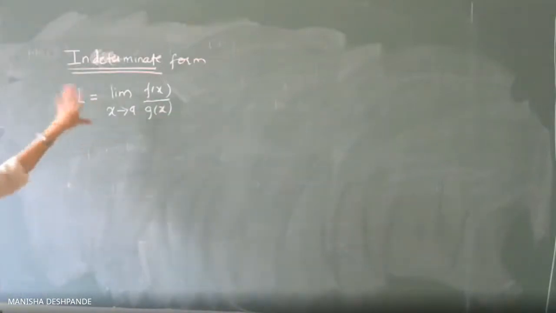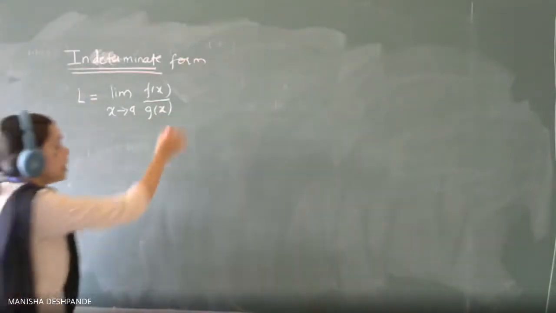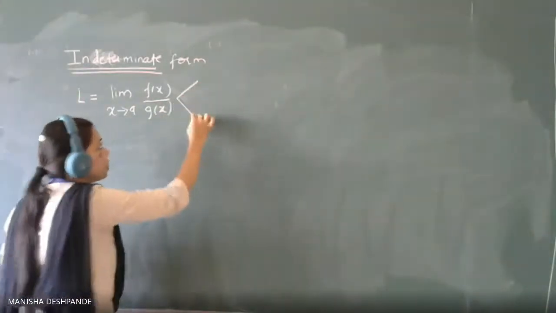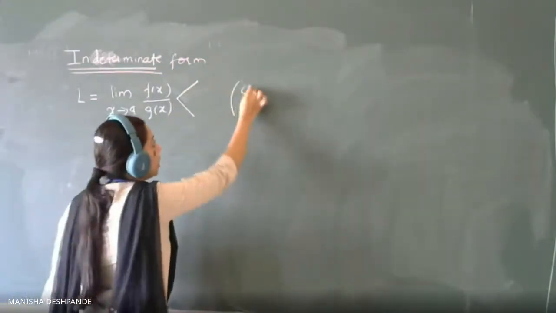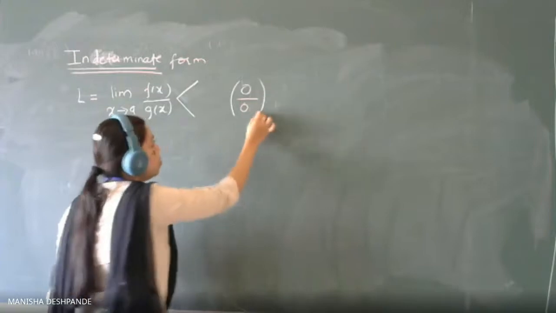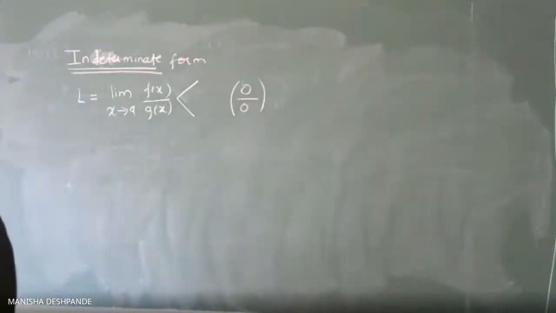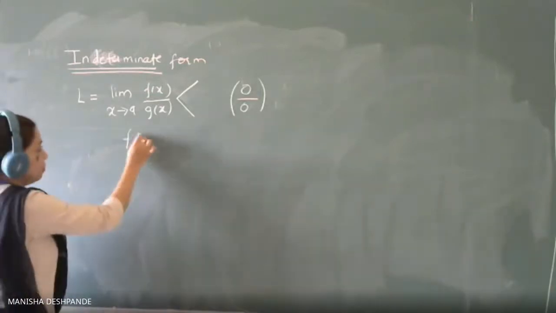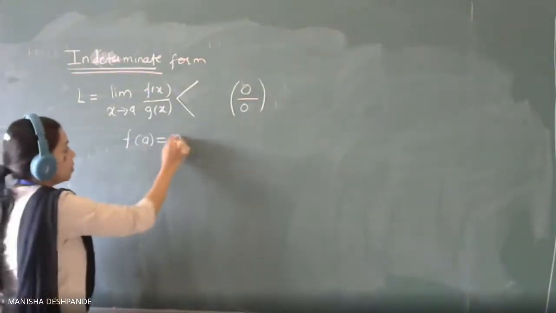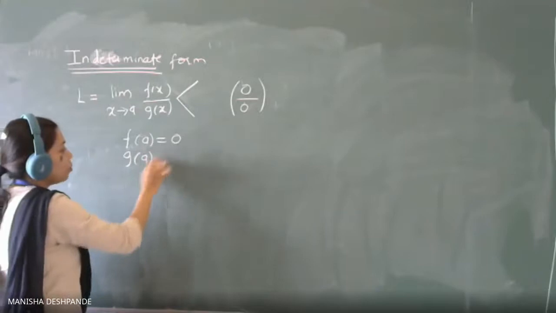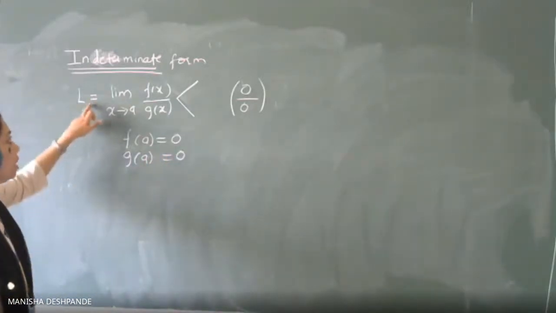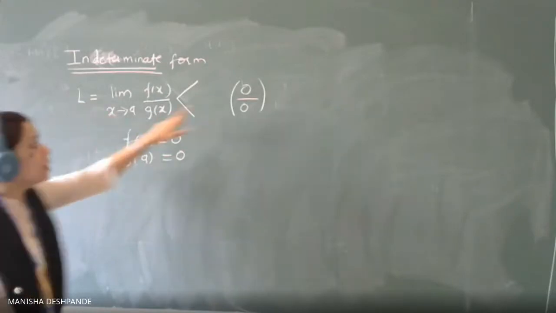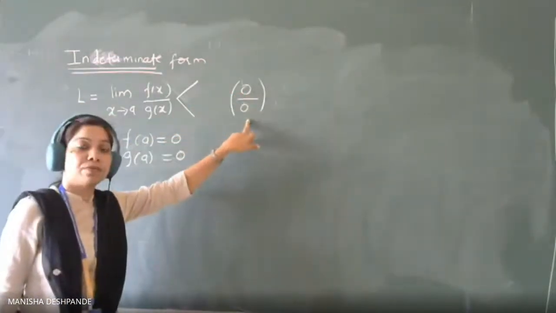This will be called an indeterminate form if it takes a value, but it is not unique. For example, you have done the indeterminate form 0 by 0. What is the meaning of this? f of a is becoming 0 and g of a is also becoming 0. Is it okay? So the answer taken at a will be of the form 0 by 0. Clear?